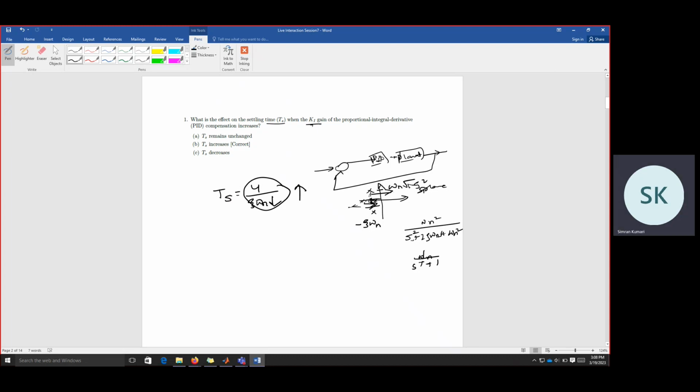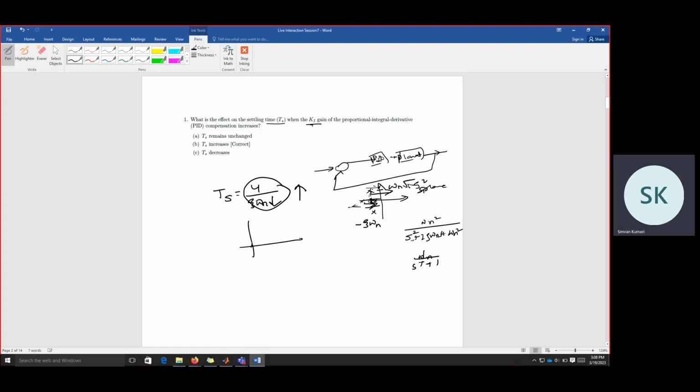So basically by increasing the integral gain, we are increasing the settling time. Also, one more thing that we can see is that since it is shifting towards the right, it is going towards the verge of instability. And since the damping is low, there will be an increase in oscillations.